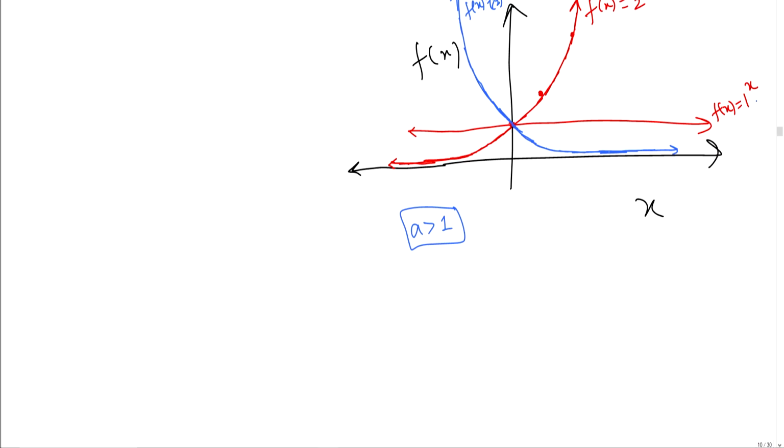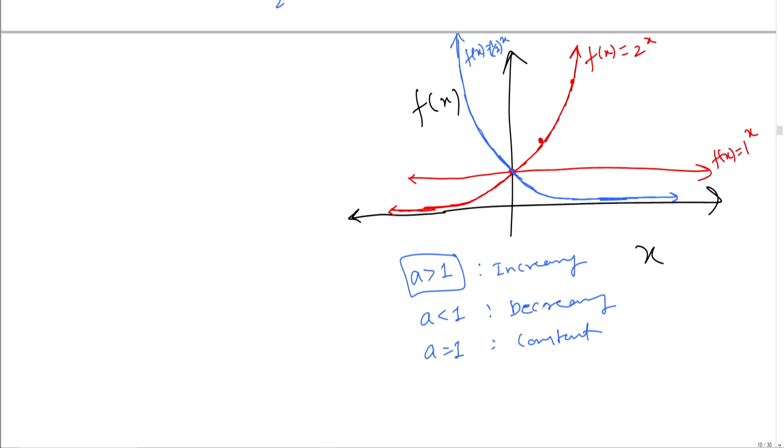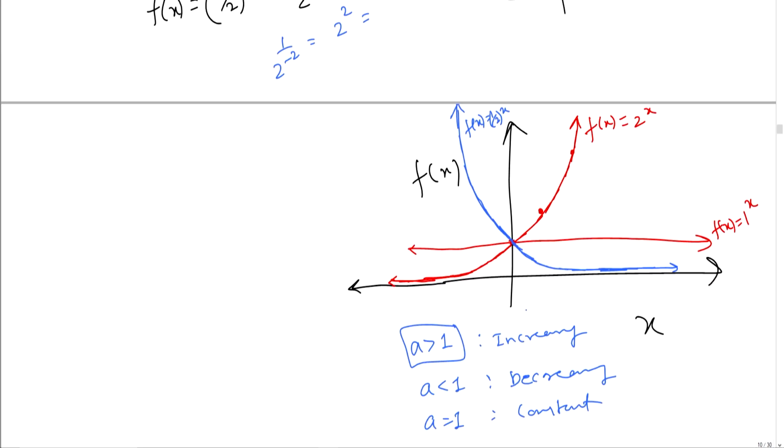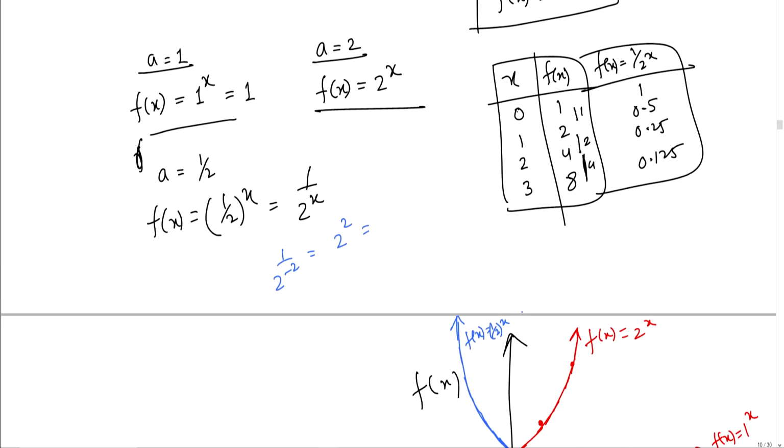You get a decreasing function. As the value of x increases, the value of y decreases, right? And when a equals 1, then you get a constant graph. So, the value of y does not change even when the value of x changes, right? So, when a is greater than 1, you get an increasing function. When the value of a is less than 1, you get a decreasing function, and a equals 1, you get a constant function. Okay. So, this is how the exponential functions behave, right.